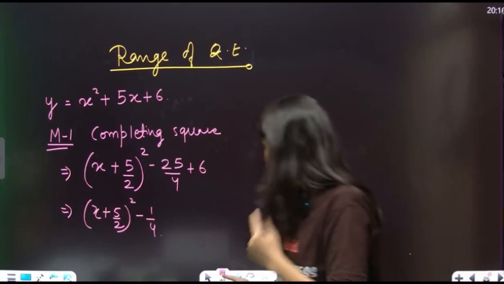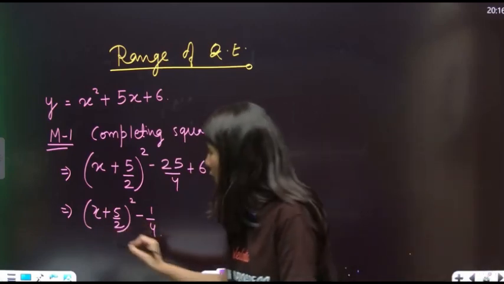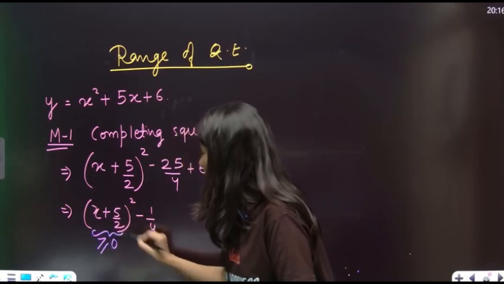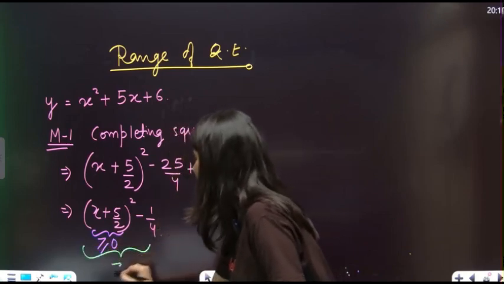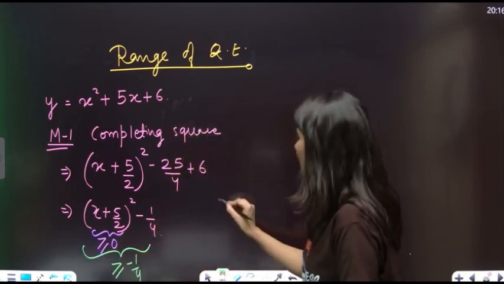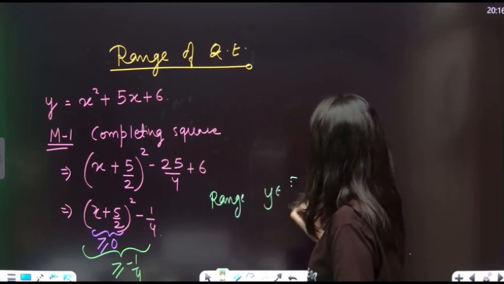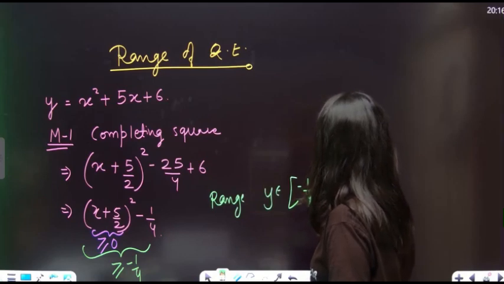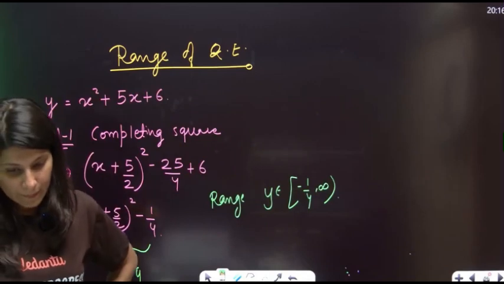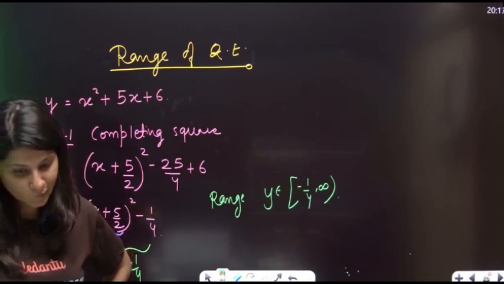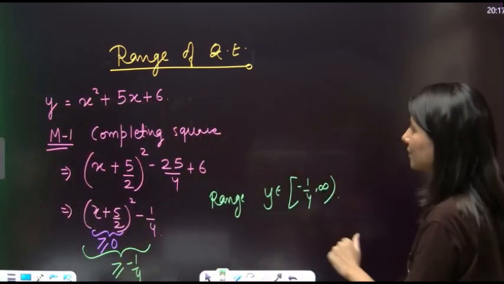Apply your brains, everybody. The squared quantity will always be greater than or equal to 0. Then the overall quantity will be greater than or equal to minus 1 by 4. So now range will be y belongs to minus 1 by 4 to infinity. This is method number 1.